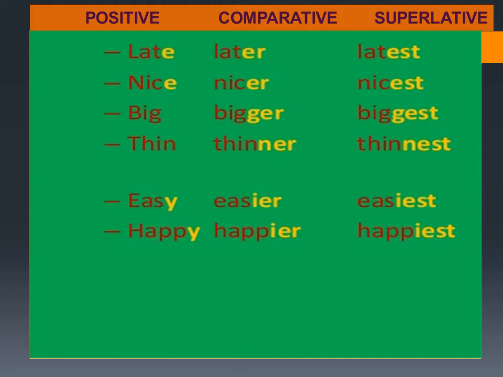We can see the last letter of the words, that is in big, the last letter is G, and in thin, the last letter is N. So for some adjectives, the last letter is doubled and then ER is added to make it into comparative form and EST is added to make it into superlative form. So as you can see in the big example, children, in the comparative form, the last letter G is doubled.